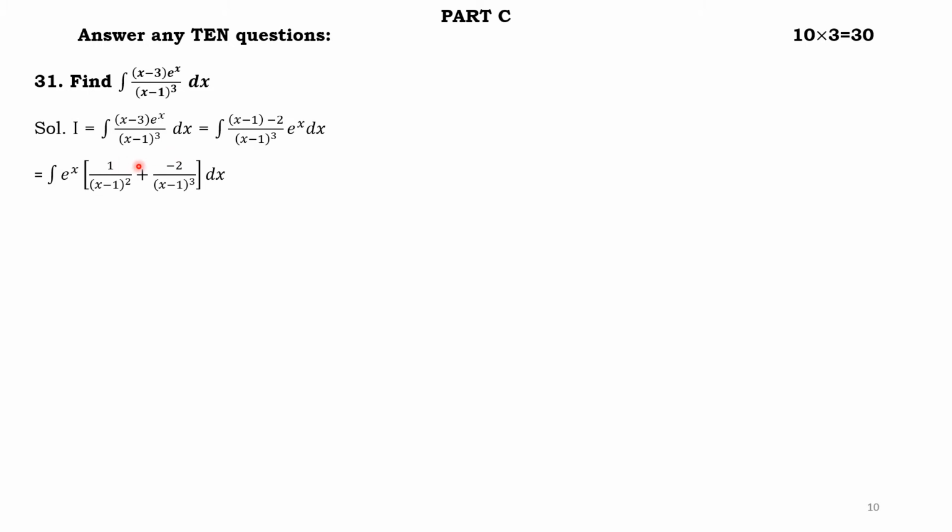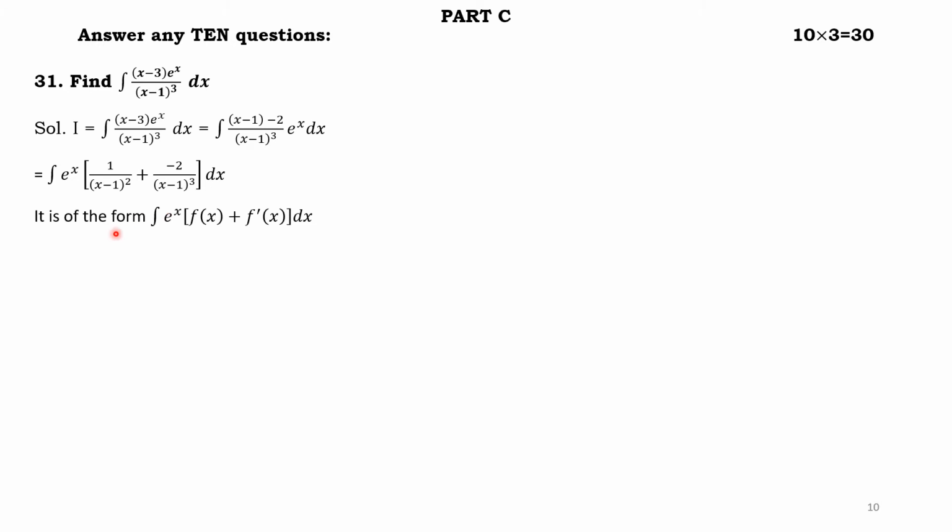Therefore, this becomes integral of e to the power of x into 1 divided by x minus 1 whole square, plus minus 2 divided by x minus 1 whole cube. So here we have separated x minus 1 over one side and minus 2 in the second term, as different terms.